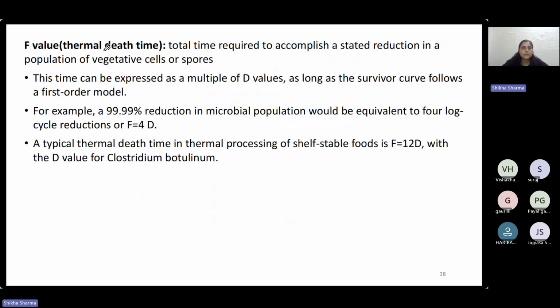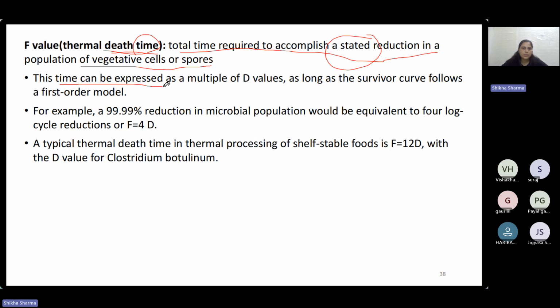So F value is thermal death time. F value is a time value. It is the total time required to accomplish a stated reduction in the population of the spores or the vegetative cells. We decide that this much reduction we want, and when we achieve that stated reduction, we say at that time we reached F value.